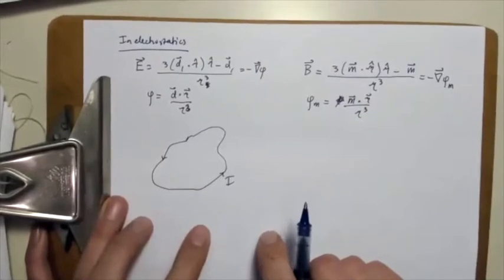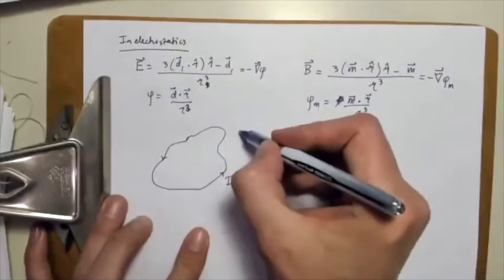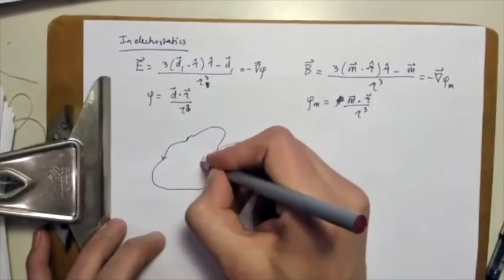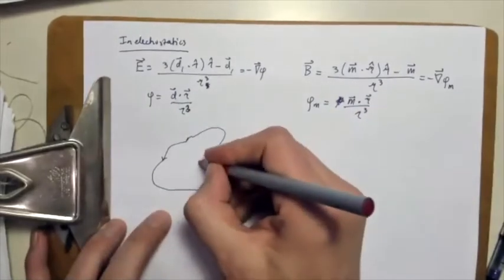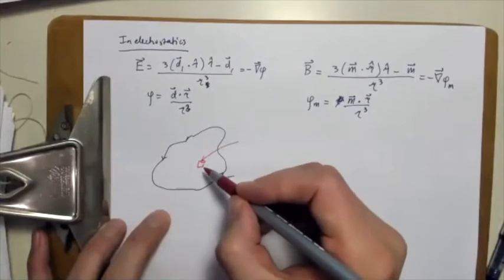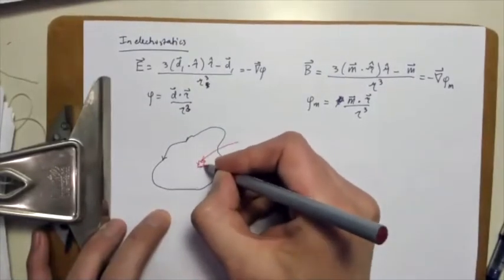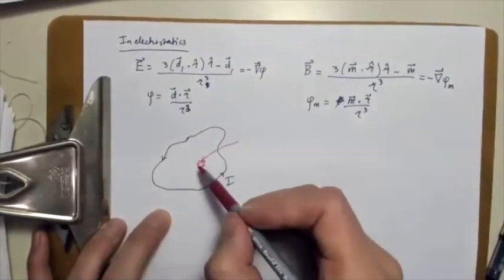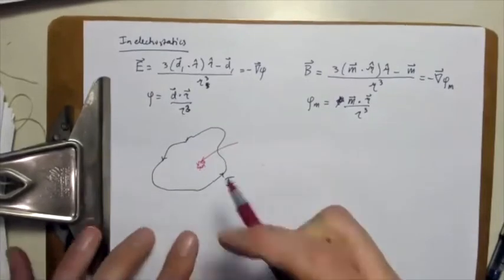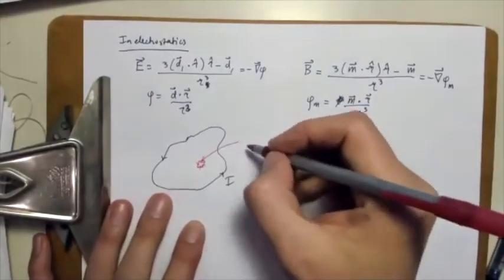It's got a current I, and we know that for every infinitesimal section here, there's a little patch here for which we can say, if there was a current that is circulating in this direction, then we know what the magnetic moment due to that would be, because we just worked that out.